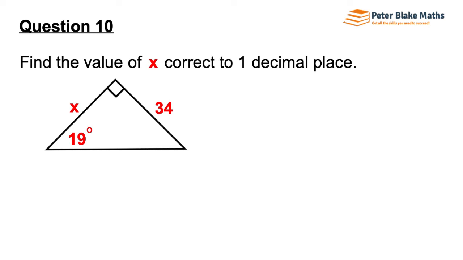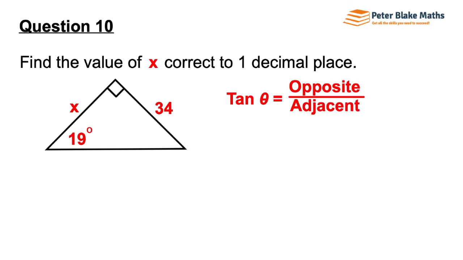So when a question in this situation involves an opposite and an adjacent side, we need to know that that's a tan question. Tan theta, or tan of the angle, equals whatever's on the opposite side over whatever's on the adjacent side. So when we fill that in for this question, we get tan of 19 degrees, and the number in the opposite position is 34, and the letter in the adjacent position is the x.